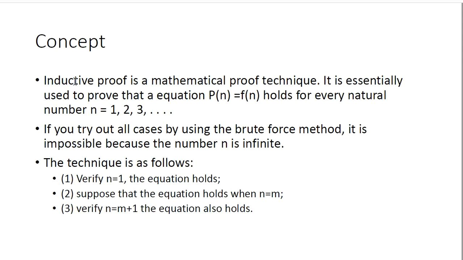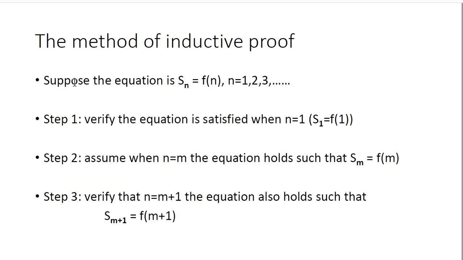And the final step is to verify when the number n equal to n plus 1, the equation also holds. So by using these three steps, you can verify any equation related to a natural number. Let me explain a little bit more in detail about the three steps.